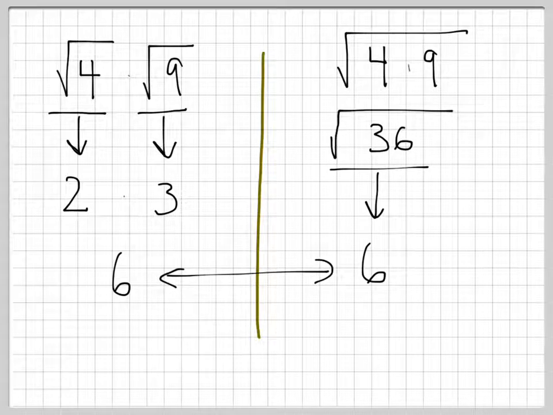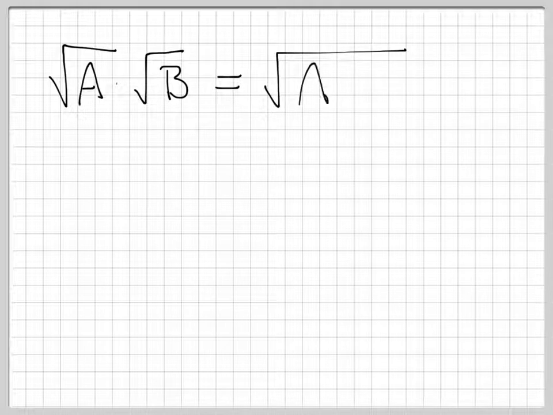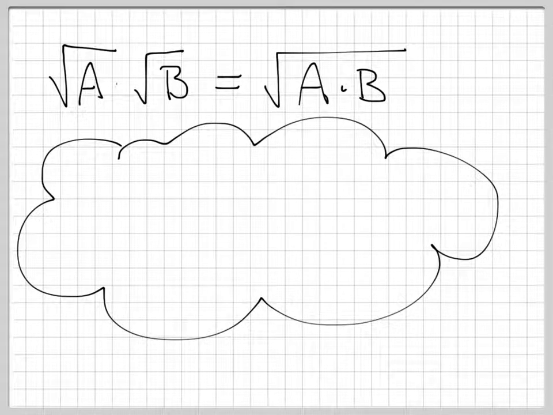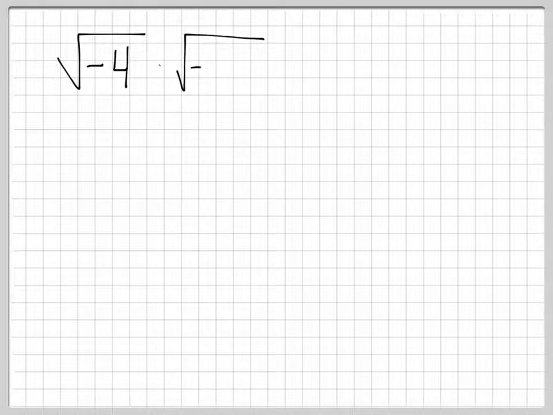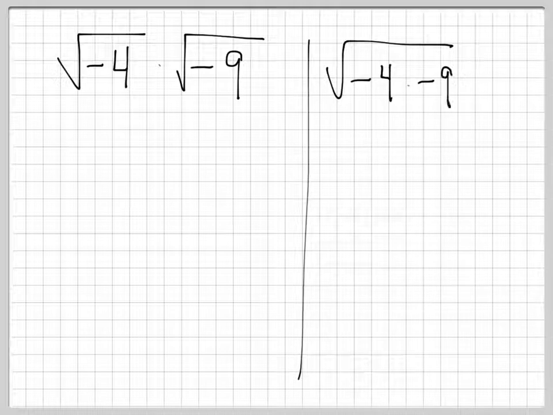And so this should lead us to the belief that the square root of a times the square root of b is just the square root of a times b. Now, there's going to be a justification here, and I'm going to fill it in a second, but let's look at radical negative 4 times radical negative 9, and radical negative 4 times negative 9.